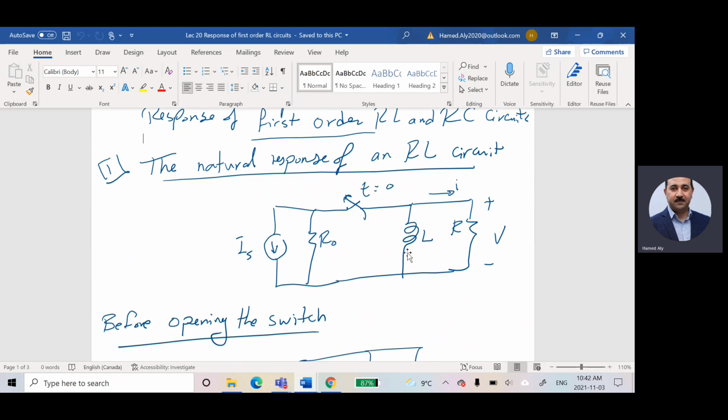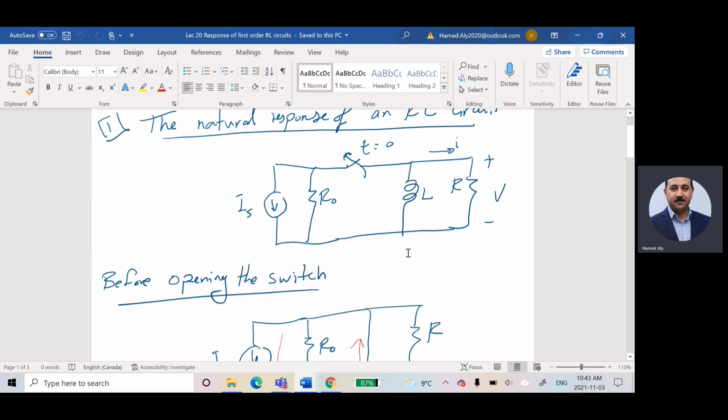Because I'm assuming t is equal to 0 at the time at which I open the switch or move the switch position. So imagine I have 0 negative and 0 positive.